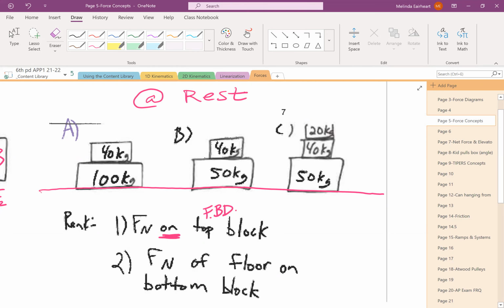Now, they all have a top block. And so no one's moving. They're all going to have the same kind of diagram, maybe different magnitudes, but they all have the mass. So a gravitational force. What other force is working on just the top block?